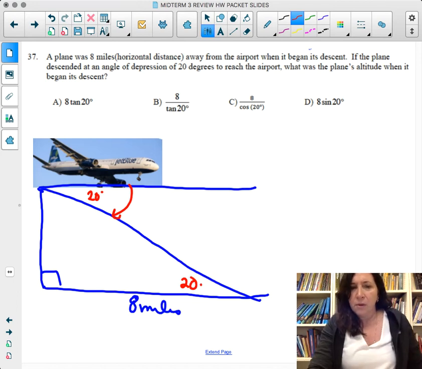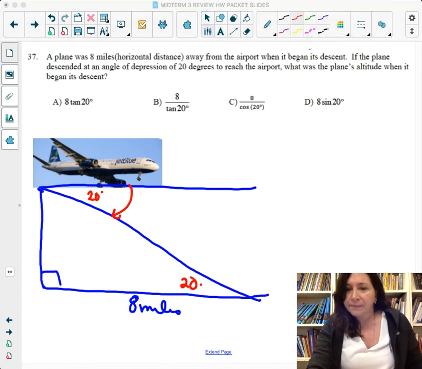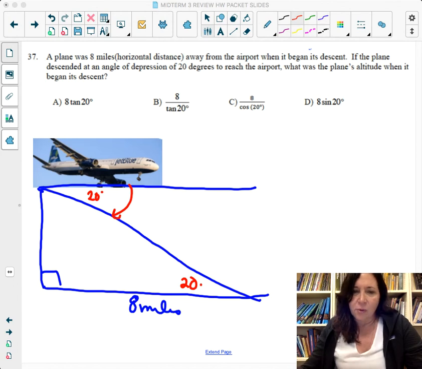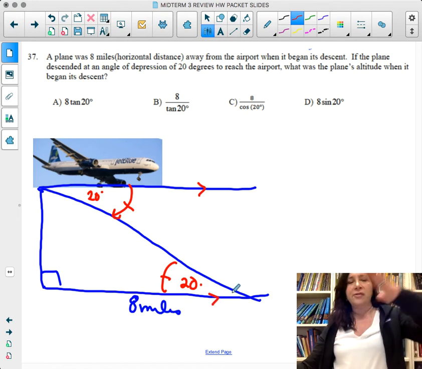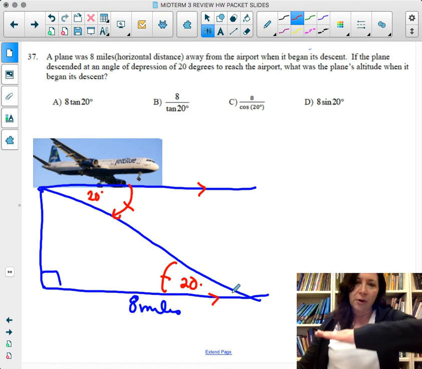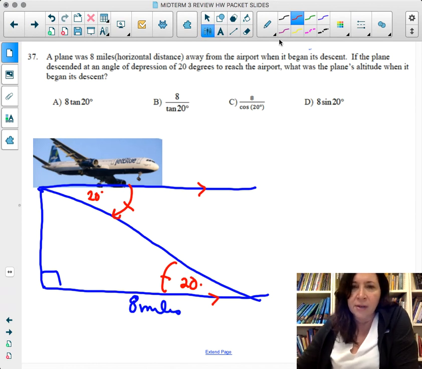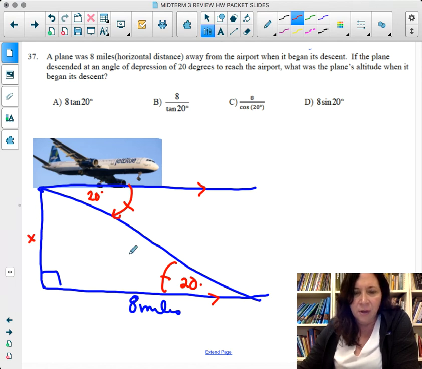So these two angles are equal because they're alternate interior angles, because anytime a plane starts descending, it always descends from a horizontal. So those are congruent. So the question is, what was the plane's altitude when it began its descent? So they want that value.